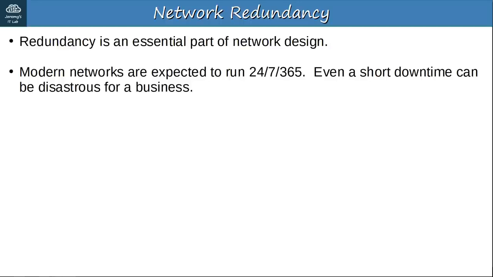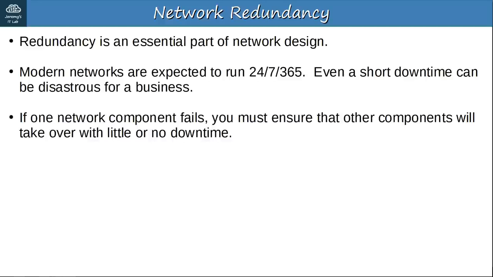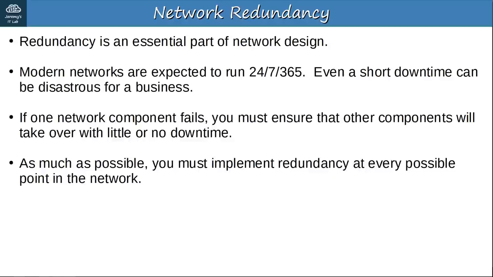That would certainly be bad for business. If one network component fails, you must ensure that other components take over with little or no downtime. Finally, as much as possible, you must implement redundancy at every possible point in the network. As network engineers, we are responsible for business-critical infrastructure, so we have to make sure that that infrastructure is resilient to failures as much as possible.